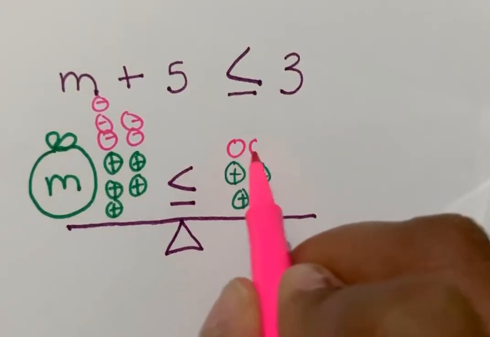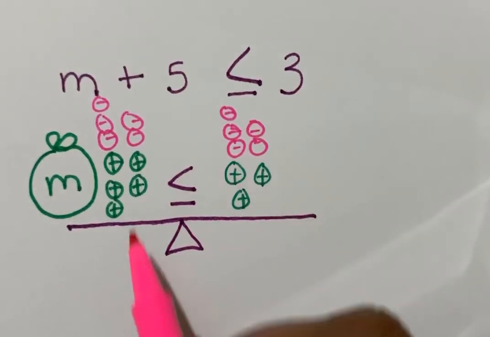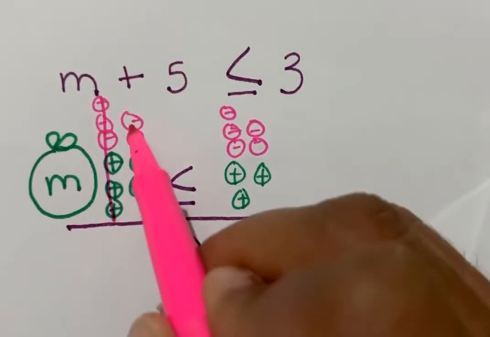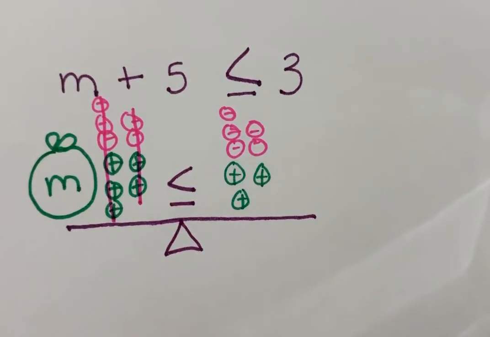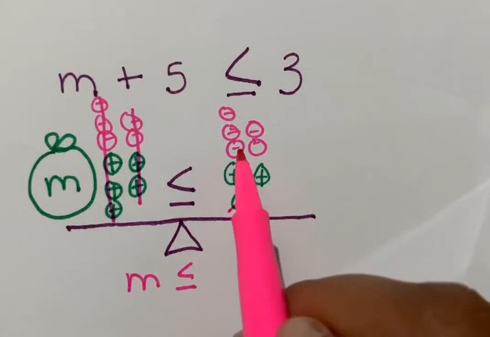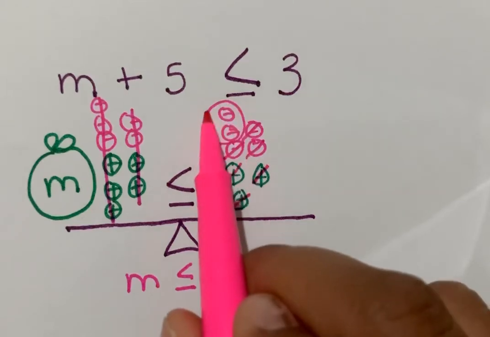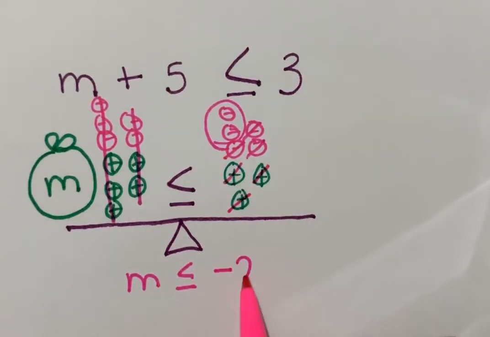So 1, 2, 3, 4, 5. These coins are going to cancel out and equal 0 pairs, which will just leave me m by itself. And here, only 3 of these are going to cancel out, and I'm going to be left with 2 negatives.